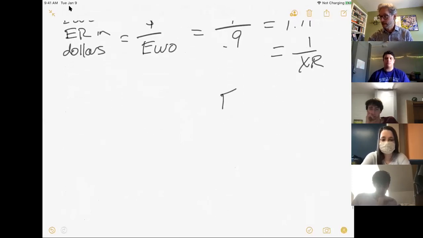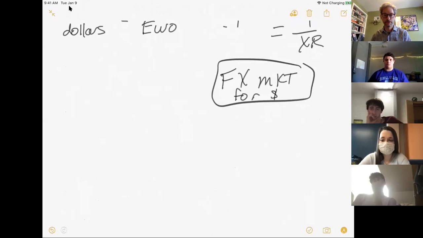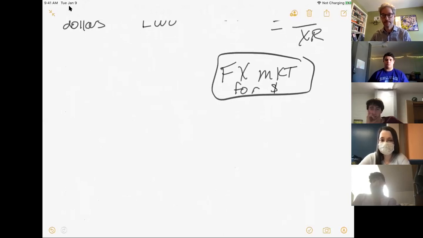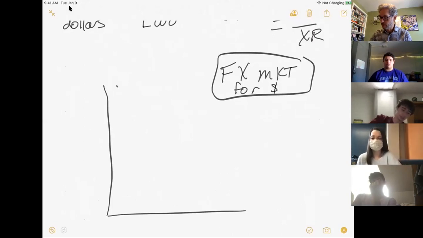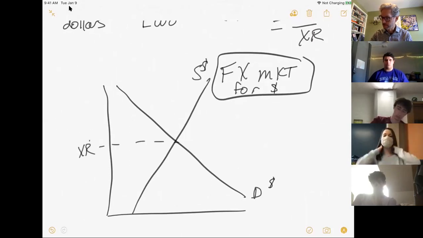You can think about the foreign exchange market, given we're talking about the US in general, for dollars. You have to think about this as a big market where there's a demand for dollars, there's a supply of dollars, and it's that supply and demand that determines the equilibrium exchange rate.